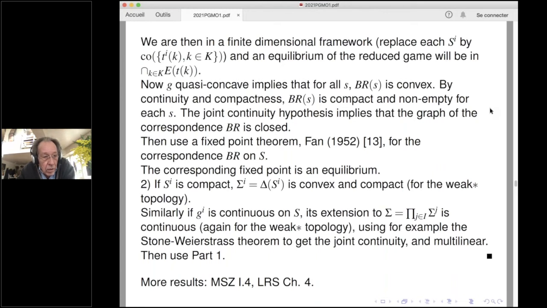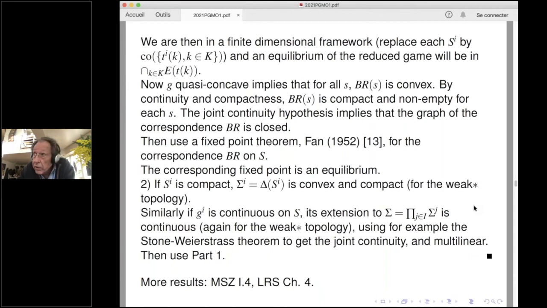For part 2, if the set S_i is compact, the set of Borel measures on S_i is also convex and compact for the weak star topology. And if G_i is continuous, its multilinear extension to the product of measures is also continuous.